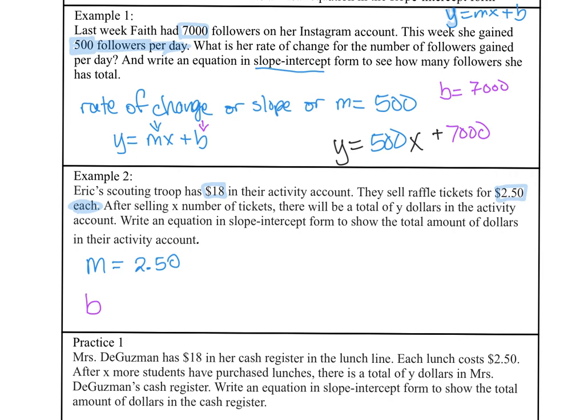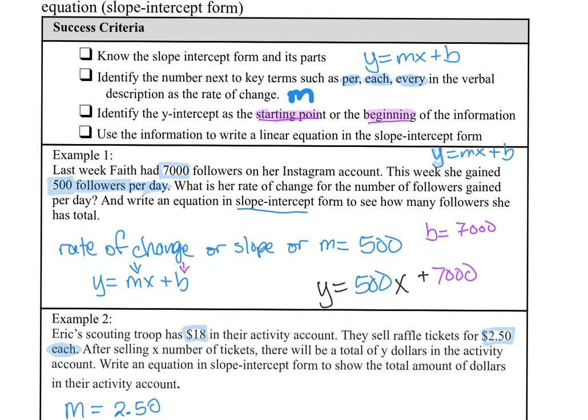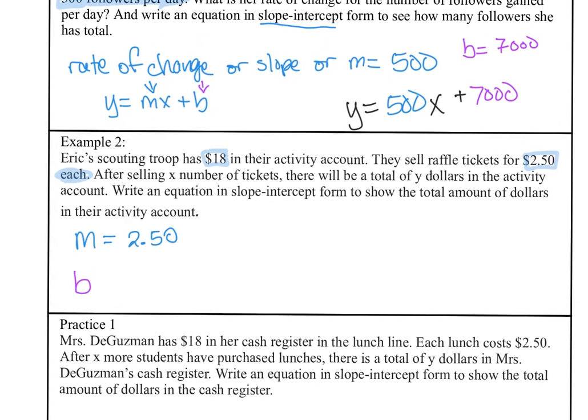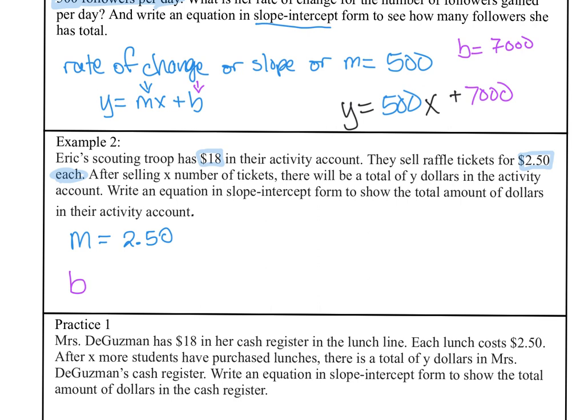Now our starting point, our B. Let's go back up to our success criteria: starting point or the beginning. How much did Eric's group start with? There it is right there. This one's pretty simple. Let's put it together in our slope-intercept form. First thing we're going to do is write the slope-intercept form.